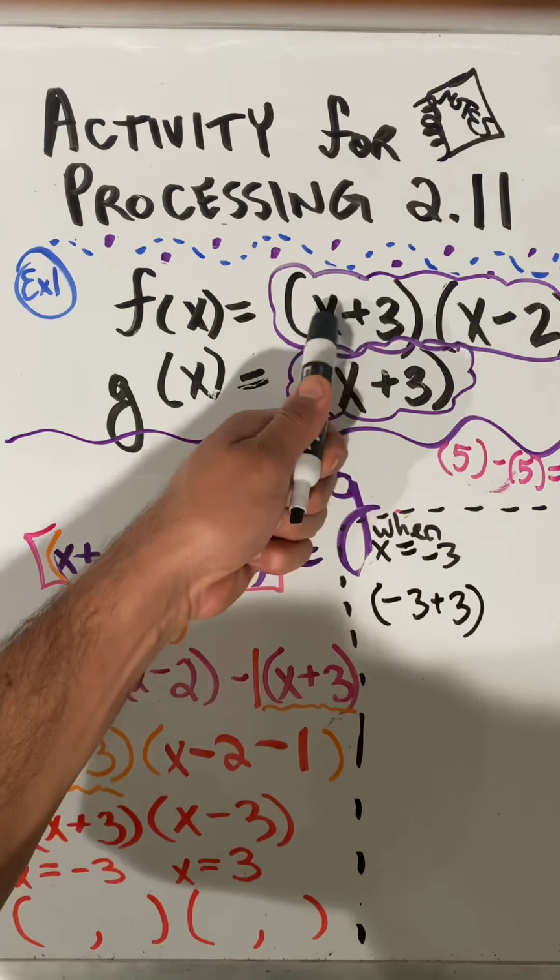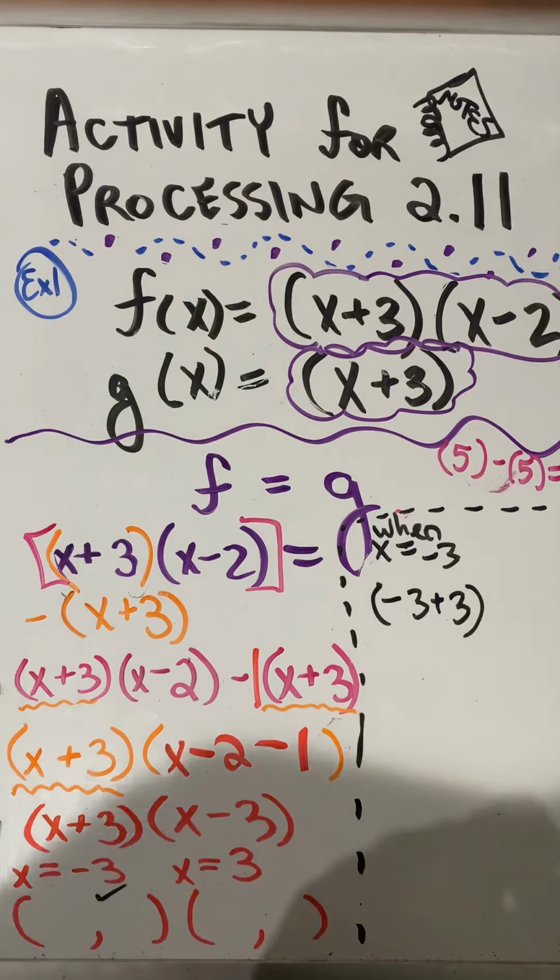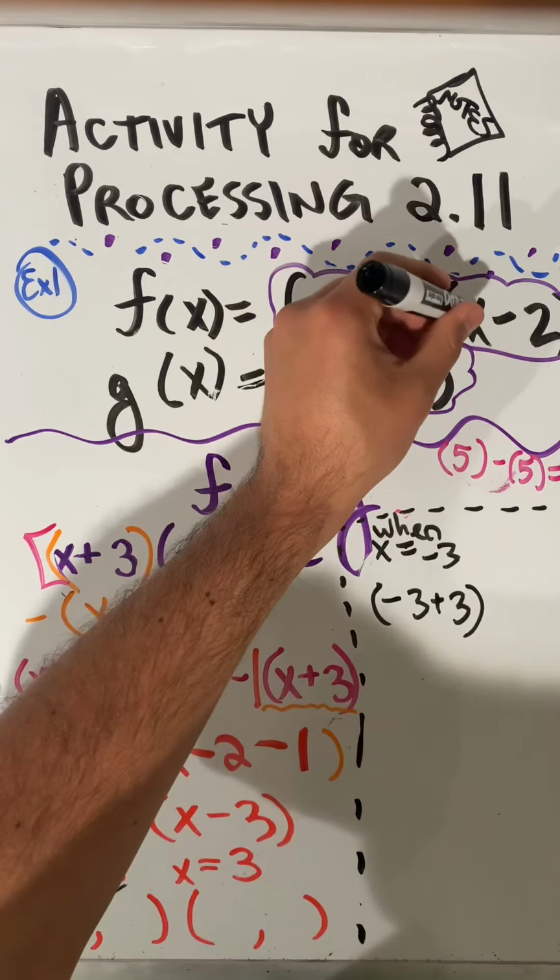You notice I'm replacing this X with the -3 that we got right here, okay? Now this one right here is also a -3. 3 minus 2. Okay, so we got -3 plus 3, that's 0. -3 minus 2, that's... Multiply them together, it gives you 0. Cool. So the first one's going to be -3, comma 0.